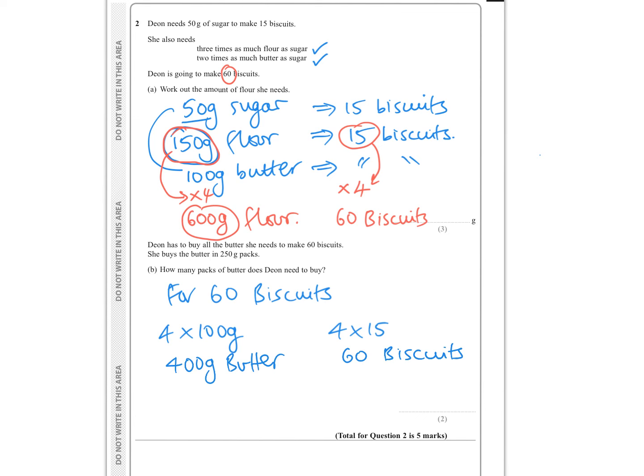Now they come in sizes of 250 grams in a pack. Now if she bought 1 pack, that would be 250 grams, that won't be enough. So 2 packs would be 500 grams, which would cover what is needed. So 2 packs would need to be bought.